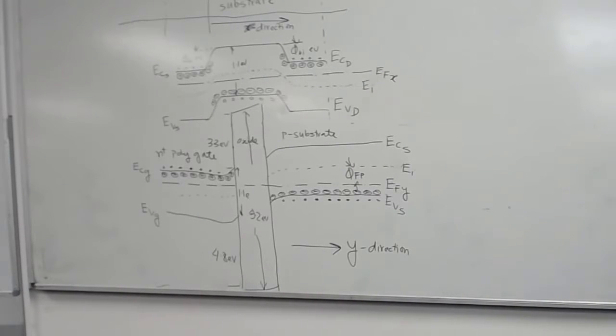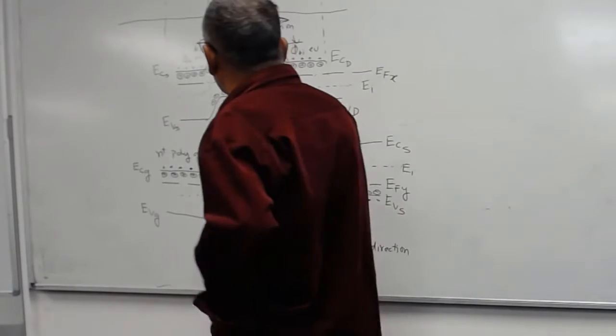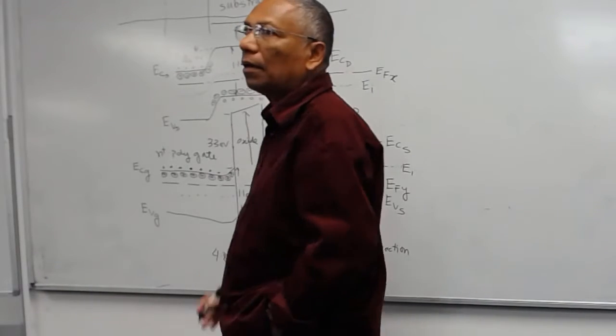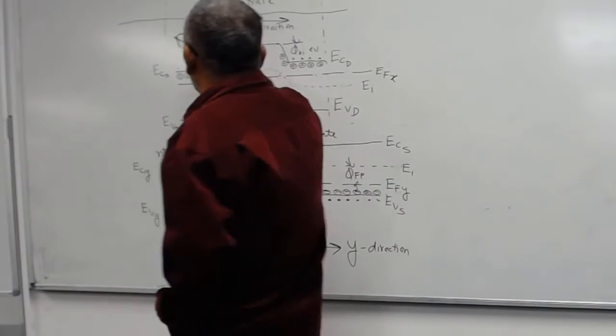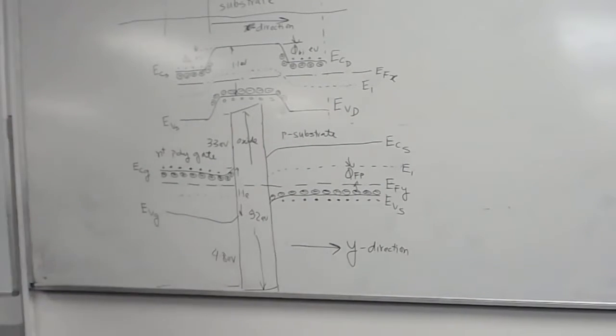So how will you influence your operation? You have to lower this barrier. Once you apply a voltage, again you draw your transistor.